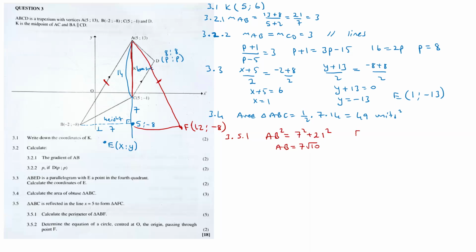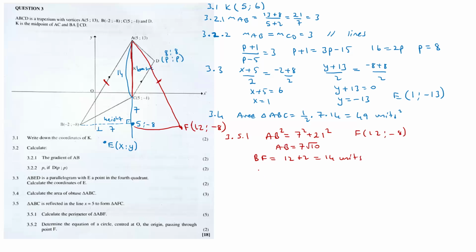So the coordinates of F are (12, -8). From that, we can get the distance BF as 12 plus 2 units, which is 14 units for BF.